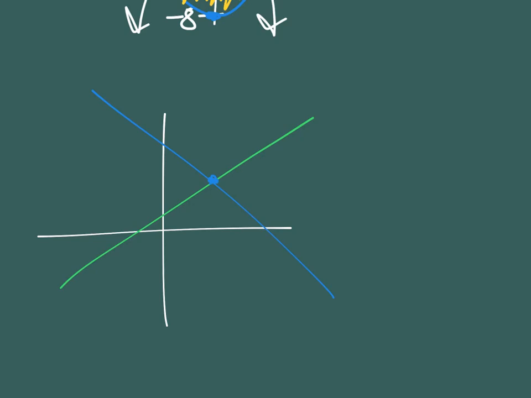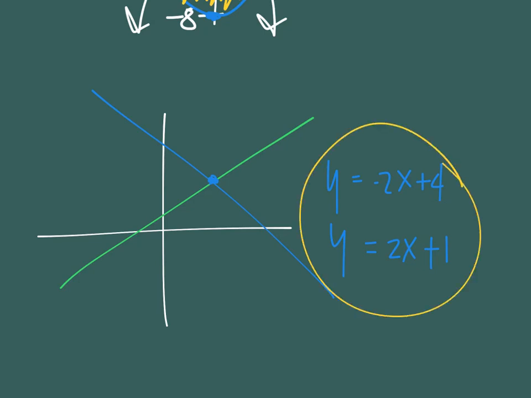For example, you have y equals negative 2x plus 4, and then the other one is y equals, let's say, 2x plus 1. Suppose these are the equations of these random graphs. How will you find their intersection?